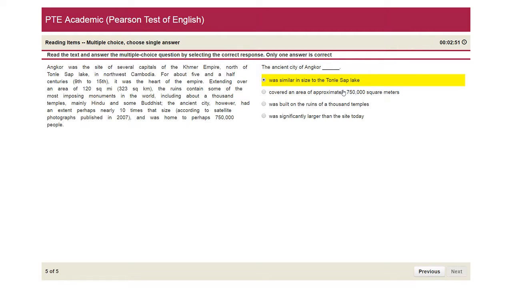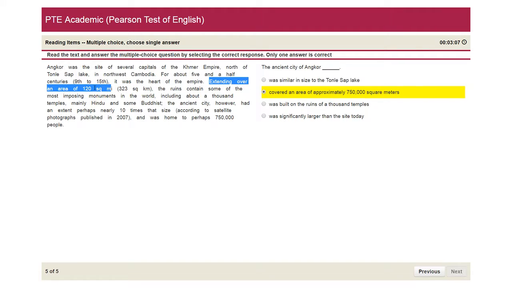Let's move to the second option: the ancient city of Angkor covered an area of approximately 7,500,000 square meters. It never mentioned this number, because it only mentioned 120 square miles or 323 square kilometers, not square meters. So this should be the wrong answer.